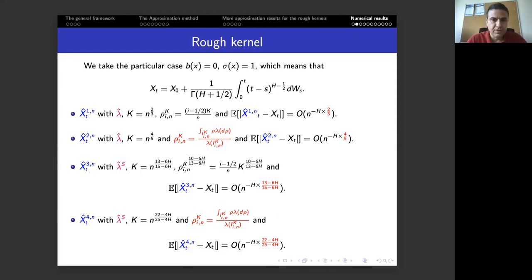So it's very specific. And we propose to compare four approximation schemes. Let's have a closer look at these four approximations.